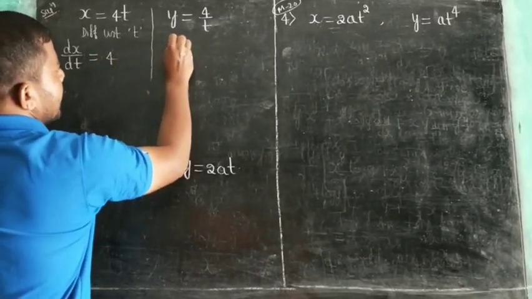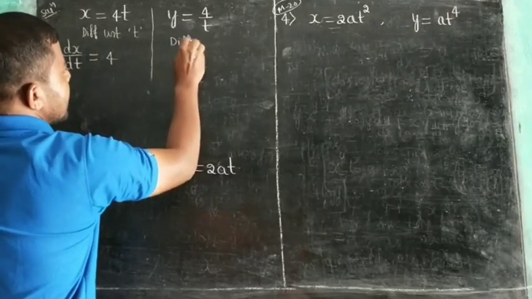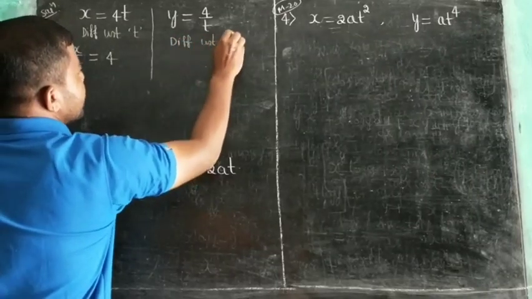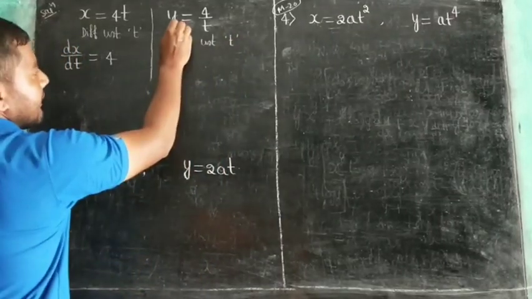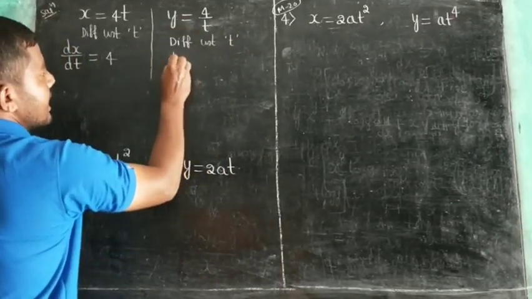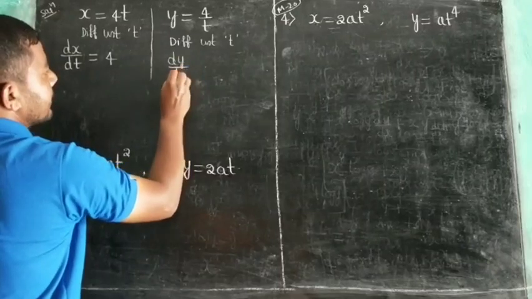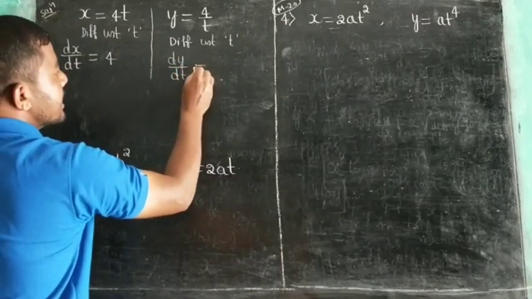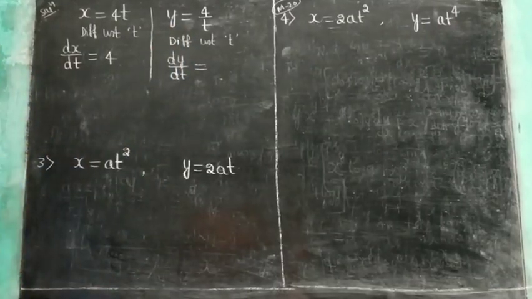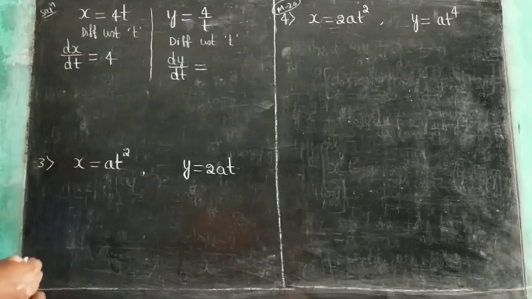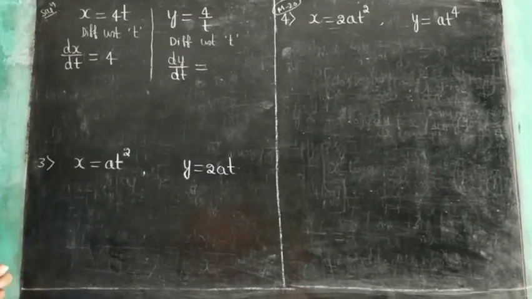On the right hand side, differentiate with respect to t. The derivative of y with respect to t is dy divided by dt. dy divided by dt is equal to, here 4 is a constant. Take 4 as it is. 1 by t.